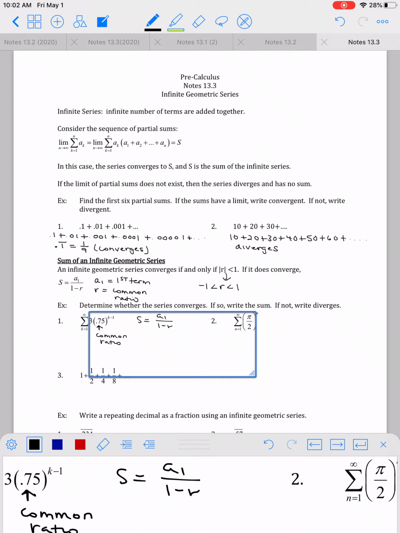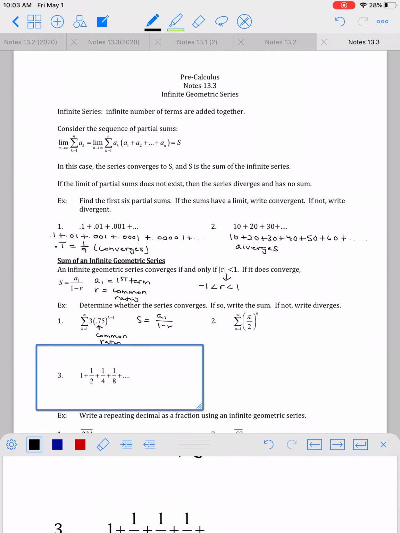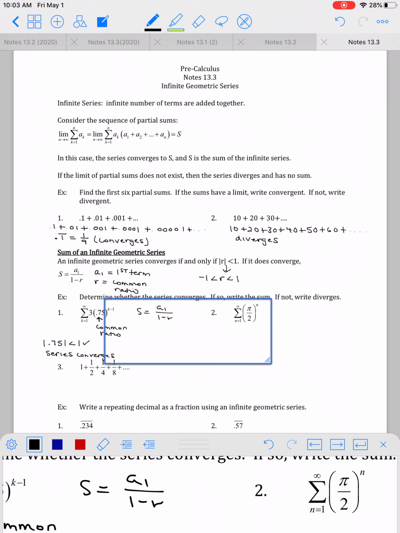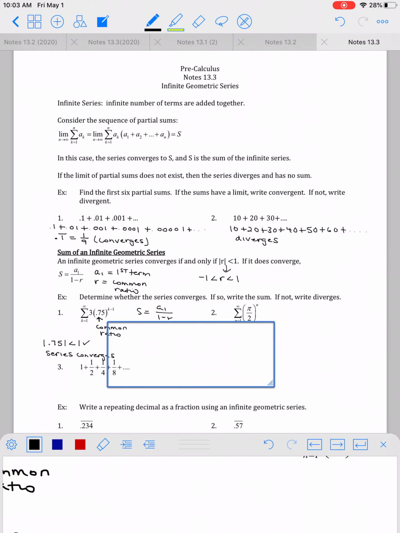So the first thing we're going to do is check r. The absolute value of 0.75, I want to know, is that less than 1? And the answer is yes. So the series converges. Now we're going to plug in and find our sum.